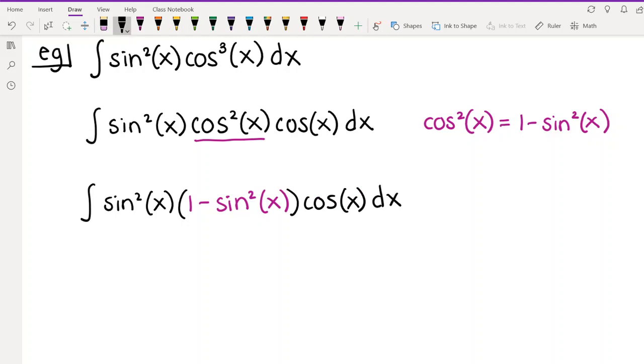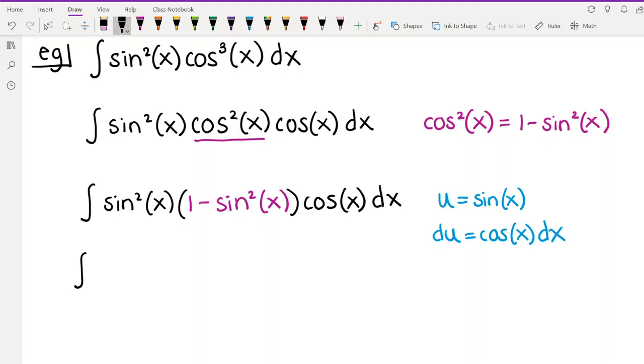And so now, because everything is written in terms of sine except for this extra cosine, now we can go ahead and do the same substitution we did in the last problem. So if we let u equal to sine of x, and then du is equal to cosine of x dx, well, now let's see what that gives us.